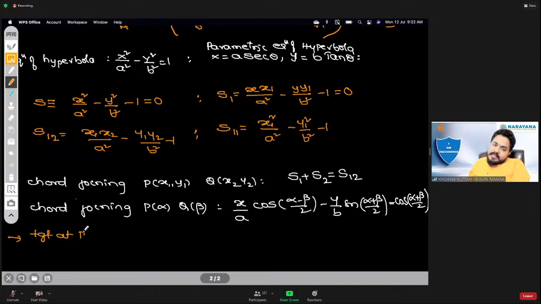Tangent at P(x1, y1) is S1 is equal to 0. What is that? x x1 by a square, no plus, minus y y1 by b square is equal to 1.